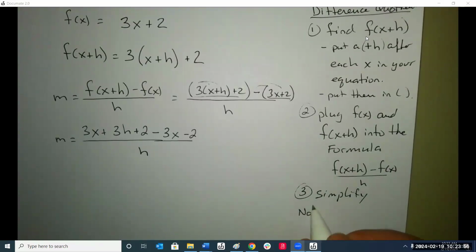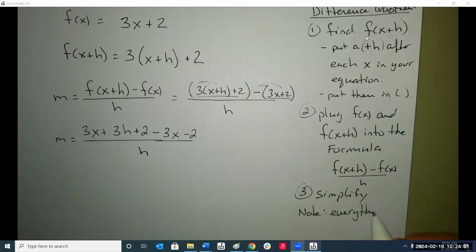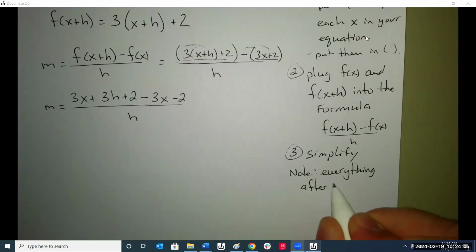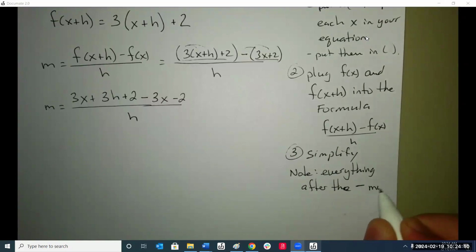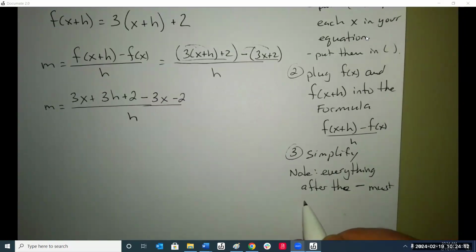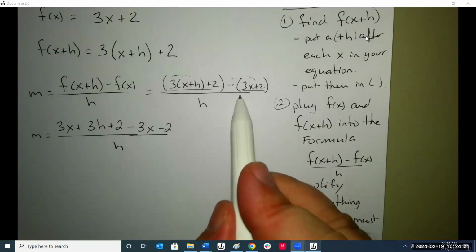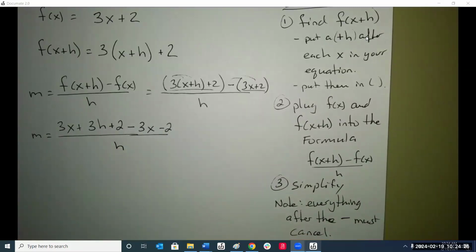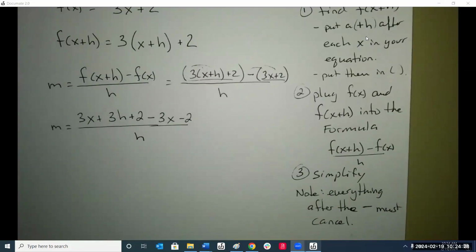Note, everything after the minus sign must cancel. In other words, all these numbers here, 3x plus 2, have to disappear. If not, you did something wrong.